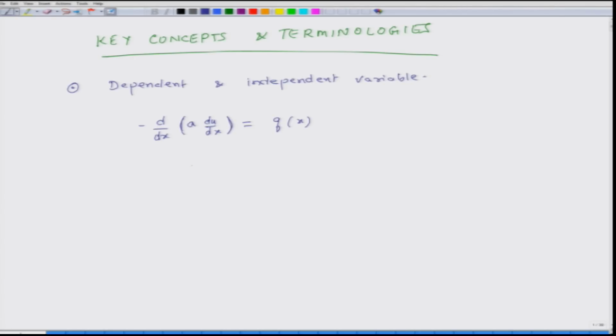Now, here x is the position, and u is a function of x. So, u depends on x.